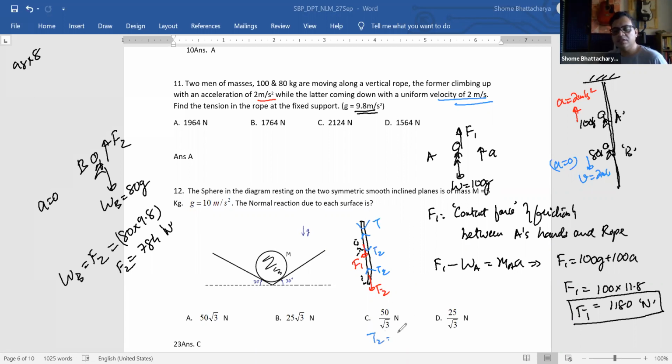So T2 will be just F2. The portion of the rope that is below A but between A and B will have a tension of this much only. But the part of the rope above this guy will have a tension of T2 plus F1. So that tension will become F1 plus F2. So at the top of the rope over here, this tension is going to be how much? It's going to be F1 plus F2. So that is 1180 plus 784. So whatever that value is, 1964. So that should be your answer.